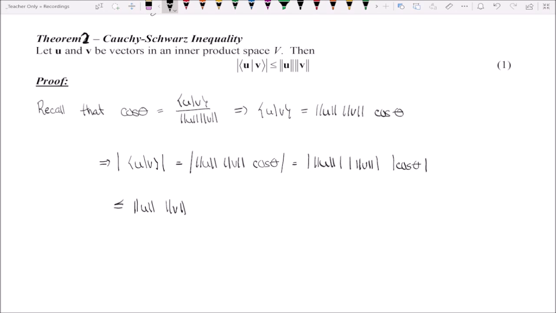So I can replace the equals here with a less than or equal to, because the absolute value of cosine of theta is always less than or equal to 1. Notice that this now proves the Cauchy-Schwarz inequality.